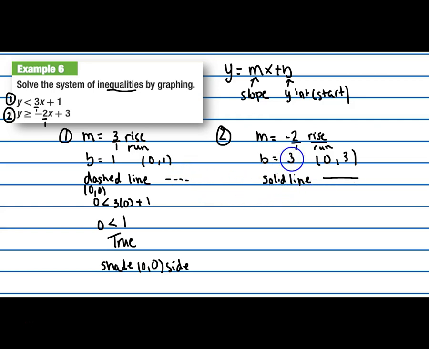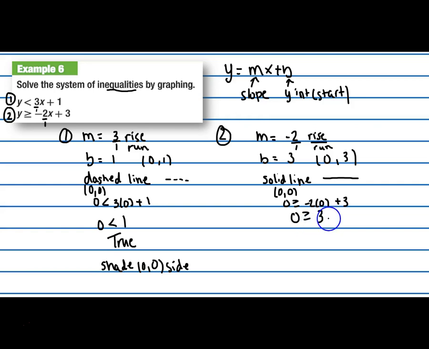And I know from here, because I'm starting at 0, 3, I can use a point of 0, 0, because that's not where my line's going to be. So I could test this one out again, which is perfect for us. Every single time I see x and y, they're both 0. So 0 is greater than or equal to negative 2 times 0 plus 3. 0 is greater than or equal to 3.